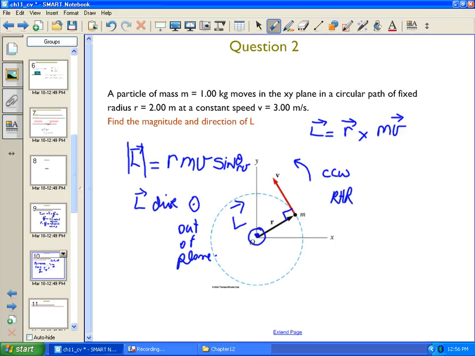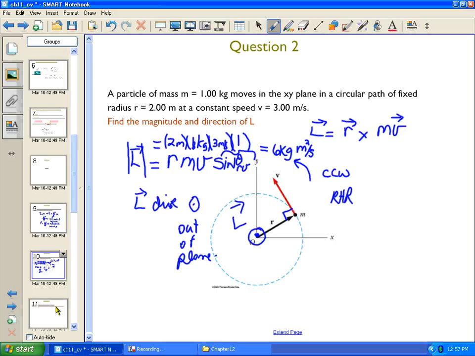So here theta is 90 degrees and the sine of theta is equal to 1. r is equal to 2 meters. m is equal to 1 kilogram. v is equal to 3 meters per second, and that gets multiplied by 1. So you can see that the magnitude of the angular momentum is going to be 6 kilograms meter squared per second.